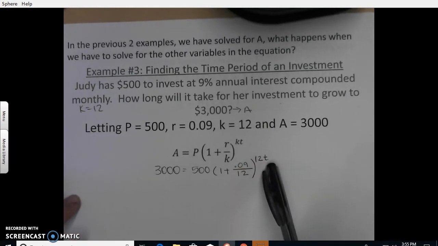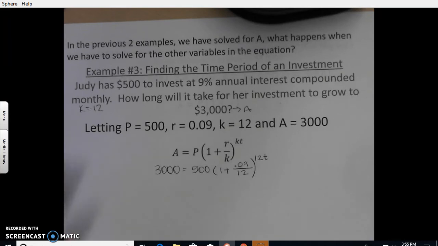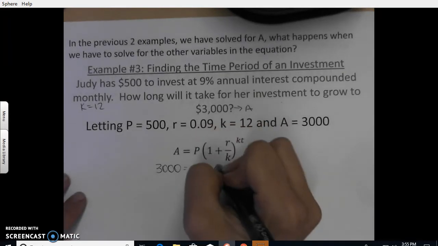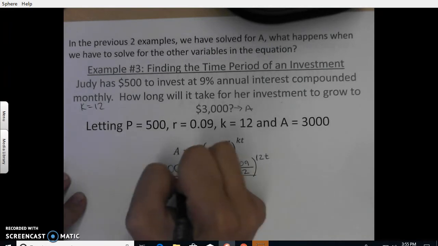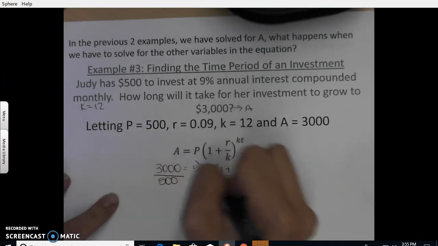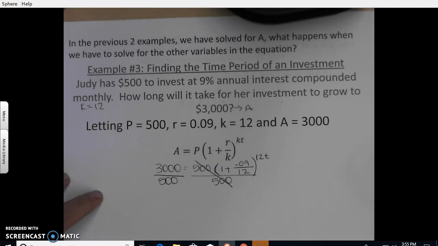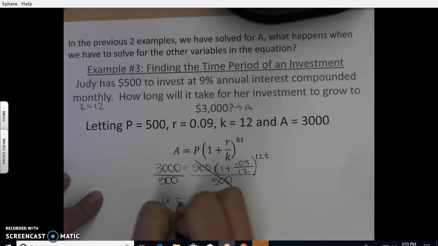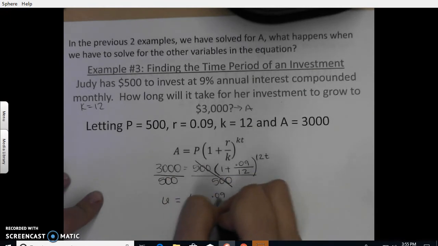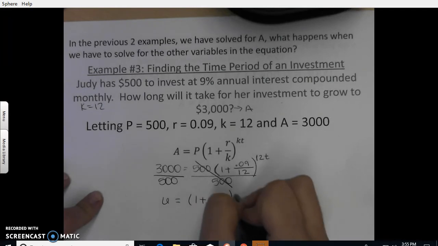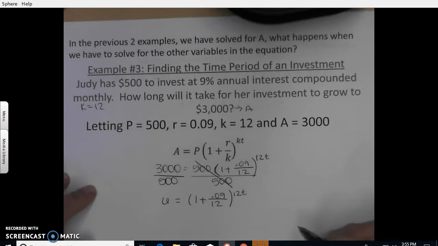Now that we have our variable in the exponent, this is like an exponential equation. So we're going to isolate what is being raised to our power. So I'm going to divide by 500. And 3,000 divided by 500 is 6. So 6 is equal to 1 plus 0.09 over 12 to the t power, with the exponent 12t.